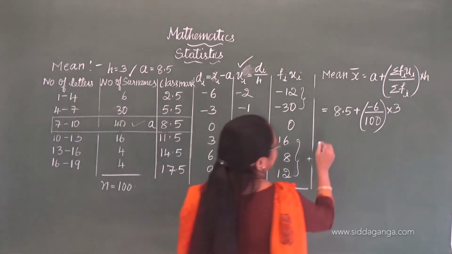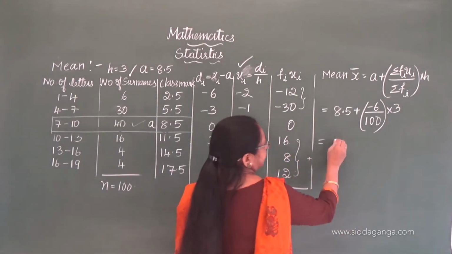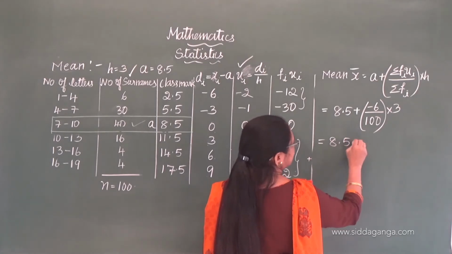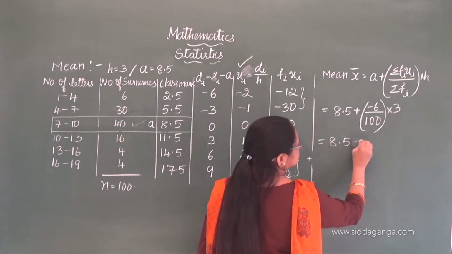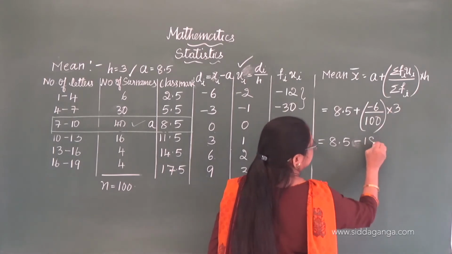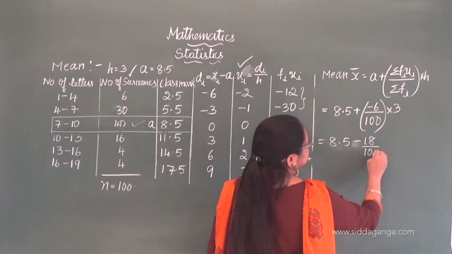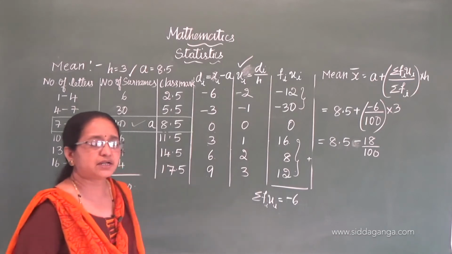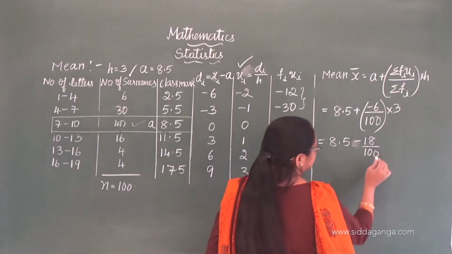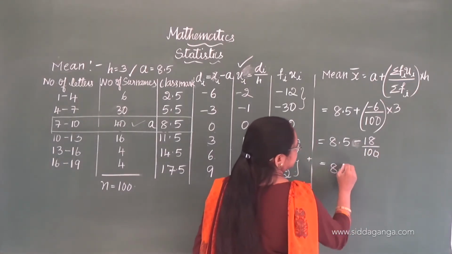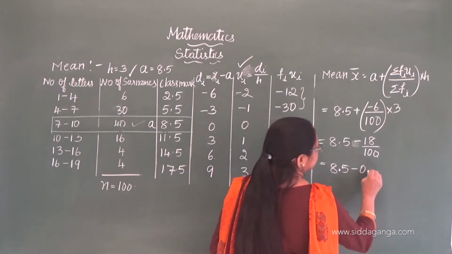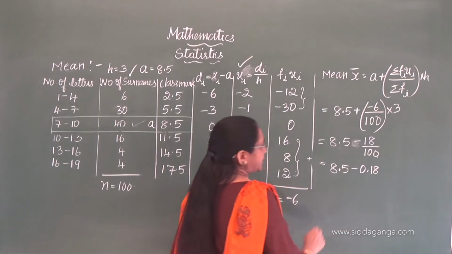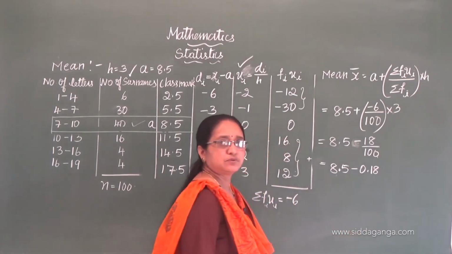Okay. Now see, 8.5 plus, plus into minus is minus, 6 3s are 18, divided by 100. Okay, 18 divided by 100. So it is easy for you to write the decimal point here. 8.5 minus 0.18.